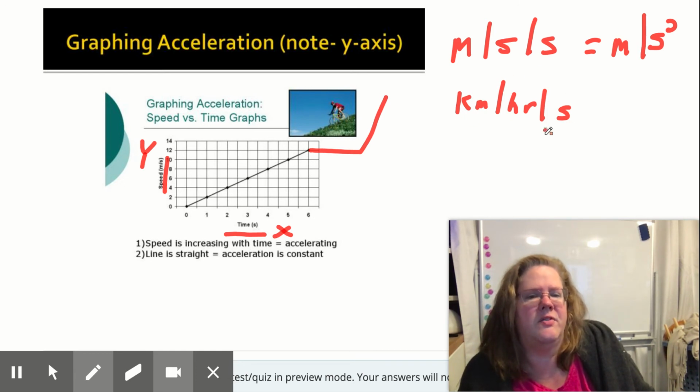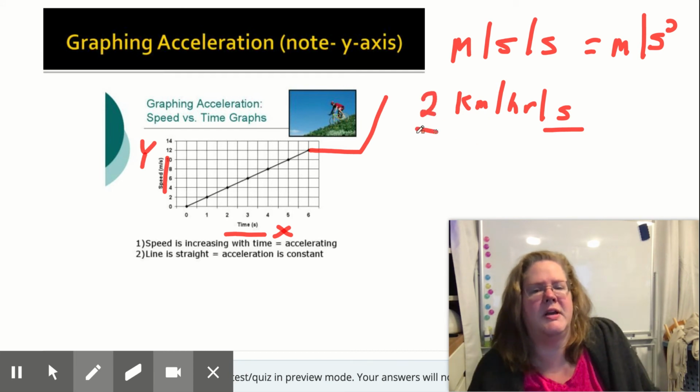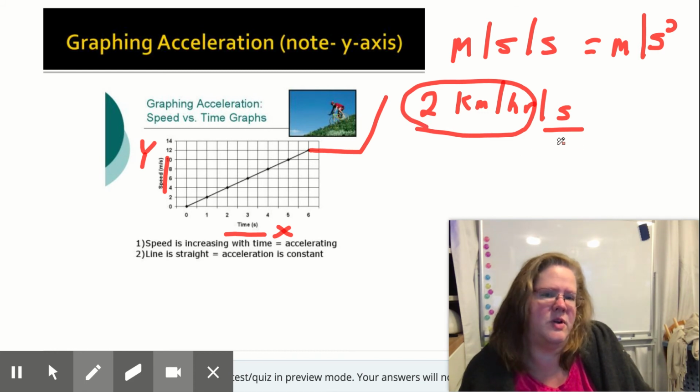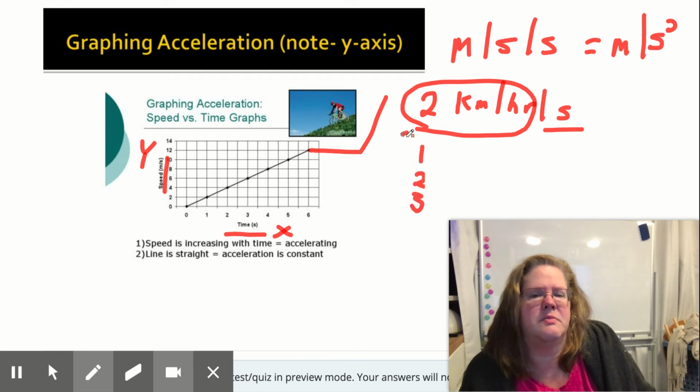But that means for every second that passes, let's put a 2 here, I'm going to increase my speed by 2 kilometers per hour. So that's the part of acceleration. It's your change of speed over this time unit. So if I have 1 second or 2 seconds or 3 seconds, and that's my time, my speed then would be 2 kilometers per hour after 1 second.